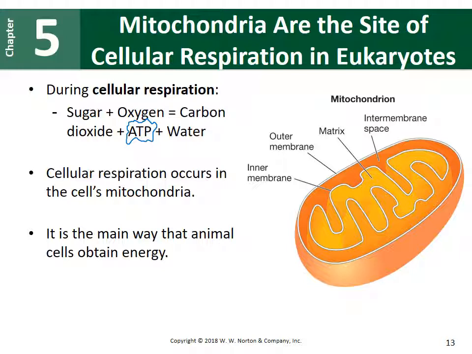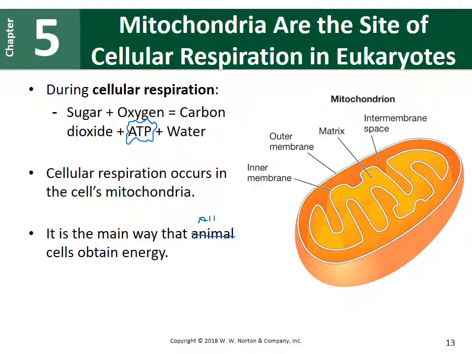This occurs in the cell's mitochondria, and this is the main way that all cells obtain energy, including animal cells. Plants do this, bacteria do this, or a similar reaction.